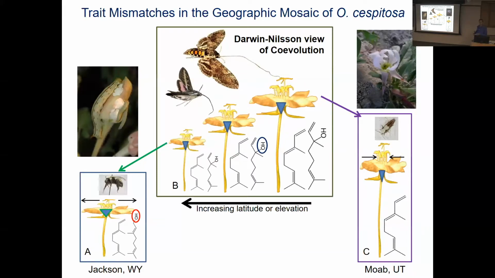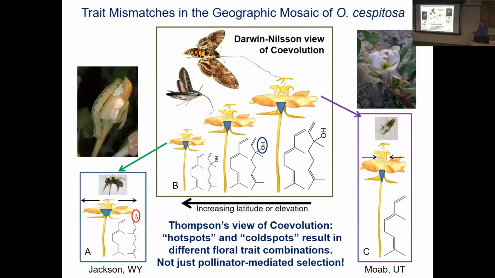So before we even began the study, we knew that there was geographic variation in not only scent, but also flower morphology. And it wasn't just isometrically scaling up and down with pollinator. There's something else going on here. So John Thompson's view of coevolution is about geographic mosaics, where some populations, the predator has a stronger selective effect than the pollinator. And then the flowers respond accordingly in evolutionary time.